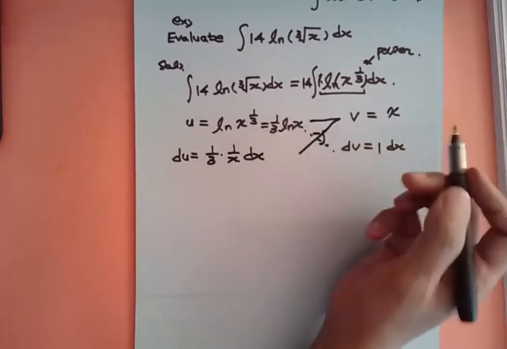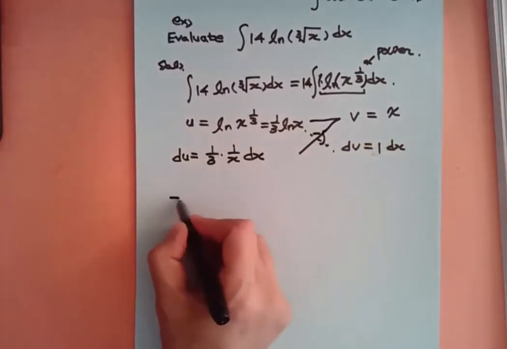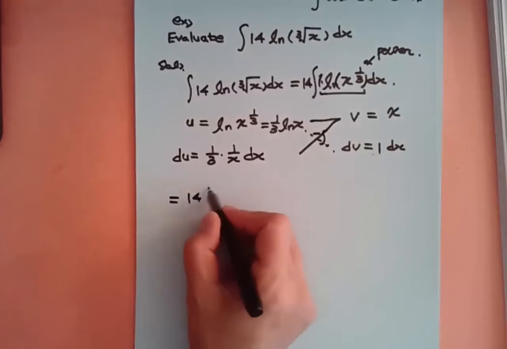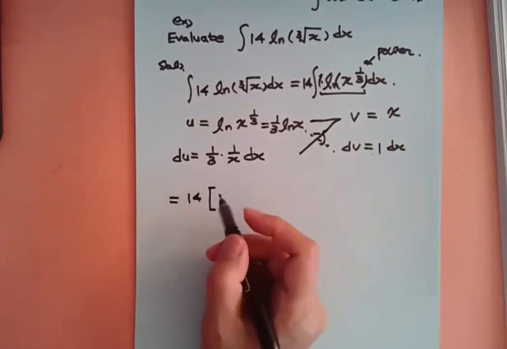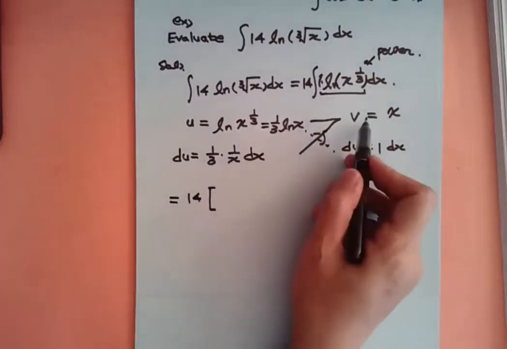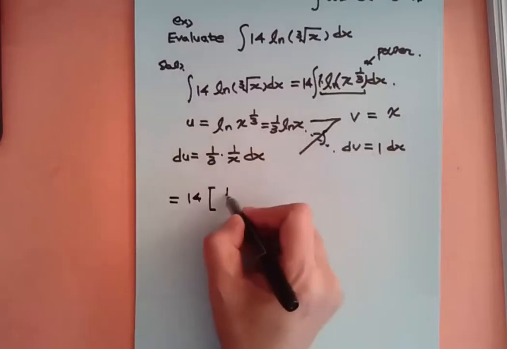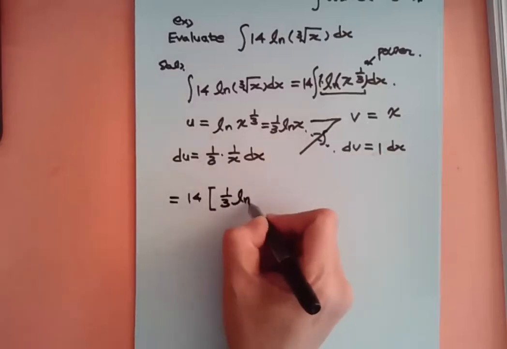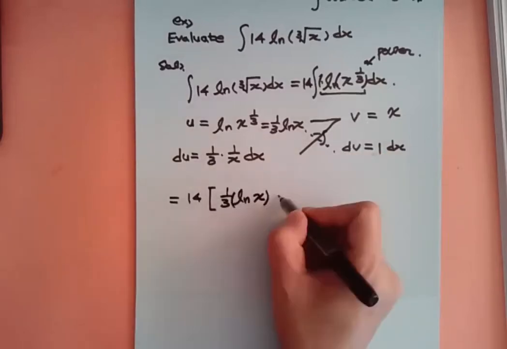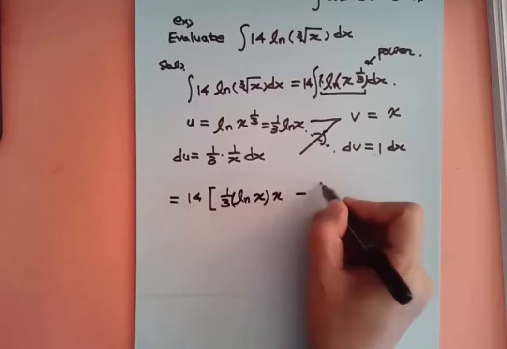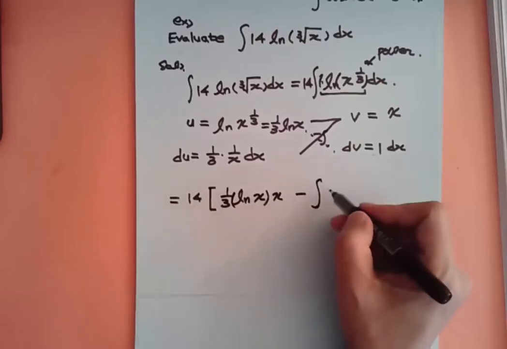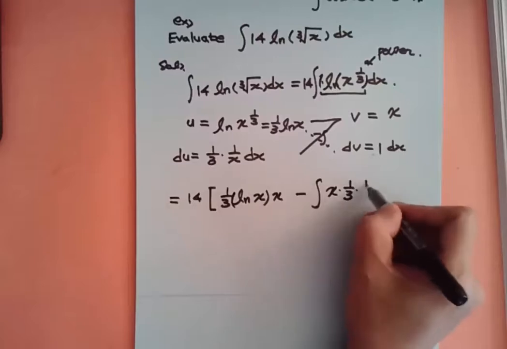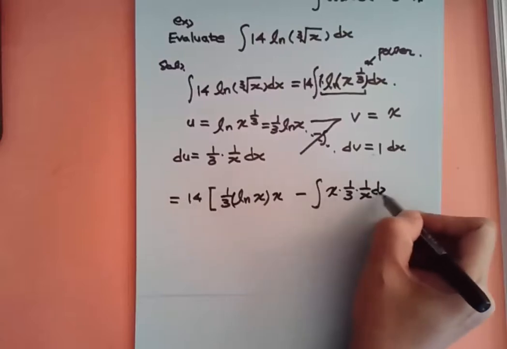After that, we will combine all the things with the formula. So we multiply these two, then we have 1/3 natural log of x times x minus integration x times 1/3 times 1 over x dx.